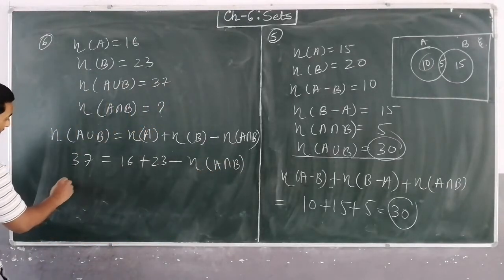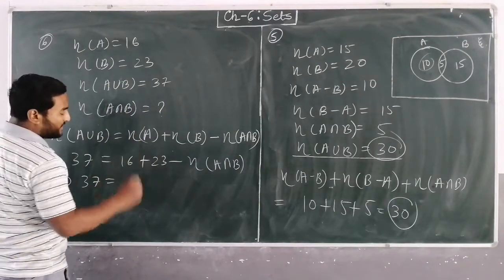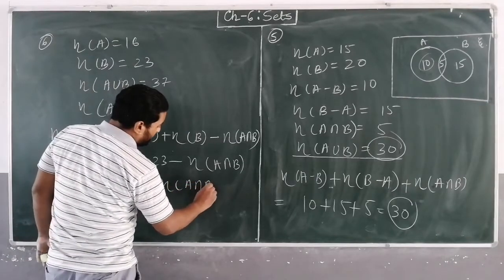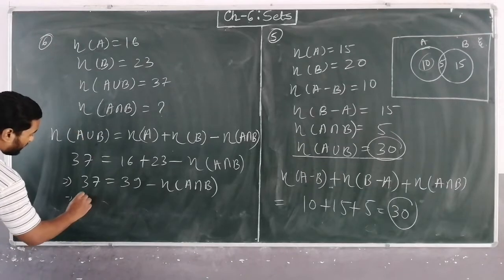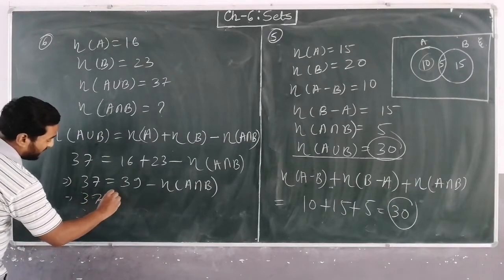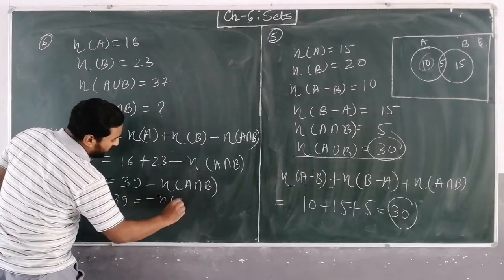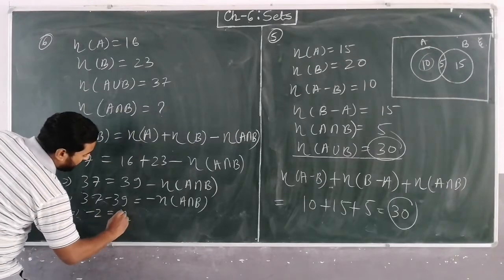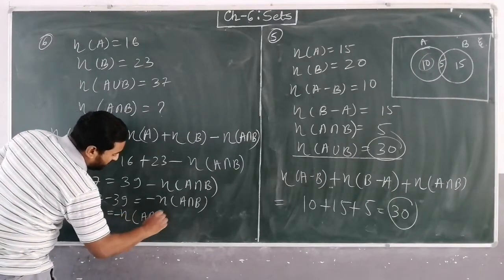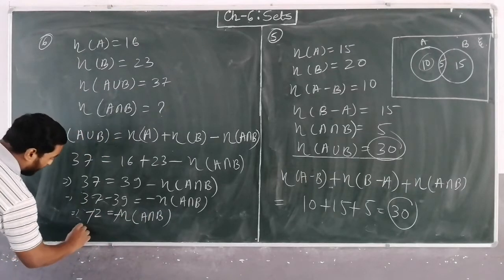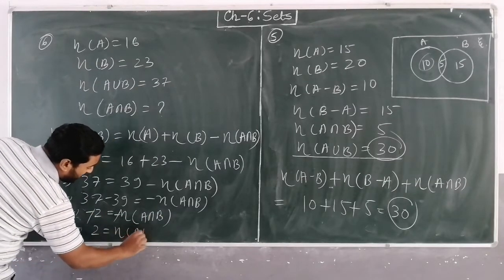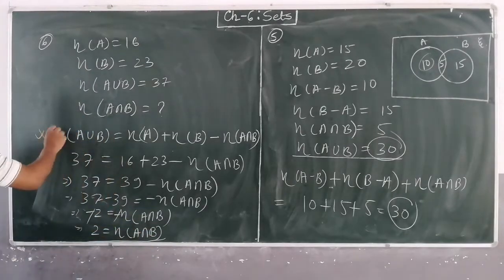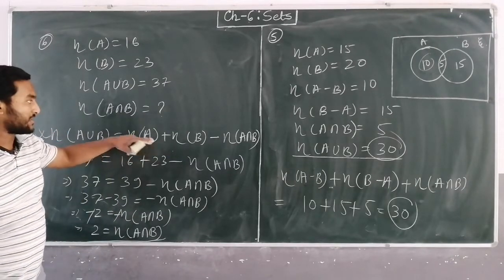So 37 equals 16 plus 23, that is 39, minus cardinality of A intersection B. Now take 39 to the left hand side: 37 minus 39 equals minus cardinality of A intersection B. So minus 2 equals minus cardinality of A intersection B. The minus signs cancel out, so cardinality of A intersection B equals 2. This relation I told you in the previous class, one of two relations that you have to remember, and it is used here.